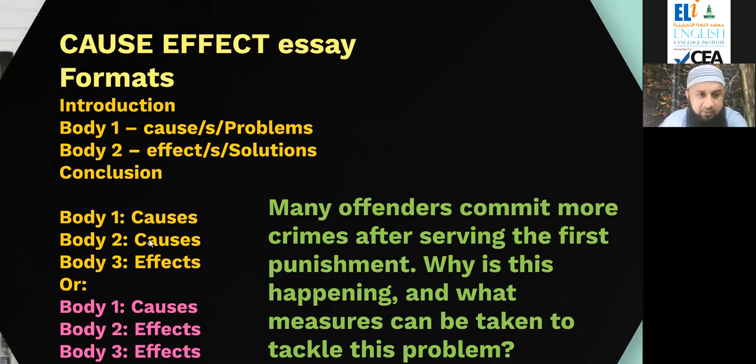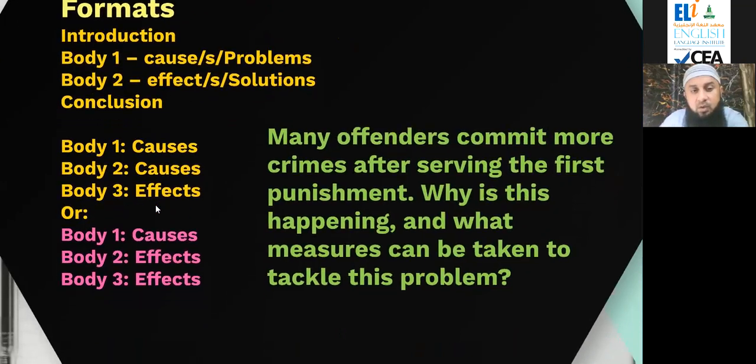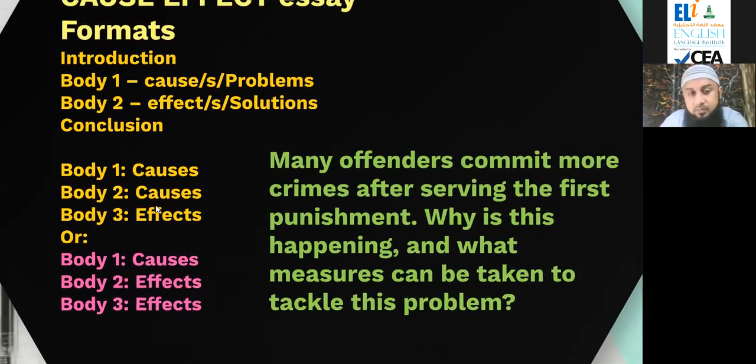Second is body 1 causes, body 2 causes if there are more causes, and then effects. Causes more than effects. And if you're writing the third format, body 1 causes more than effects, then effects. If there are more effects of one cause, the causes are 2 or 3, effects are more. This is how you write.